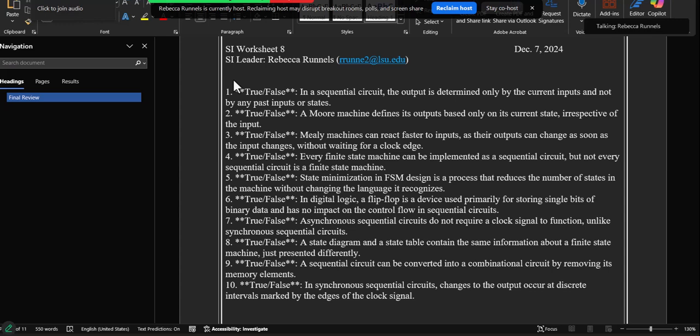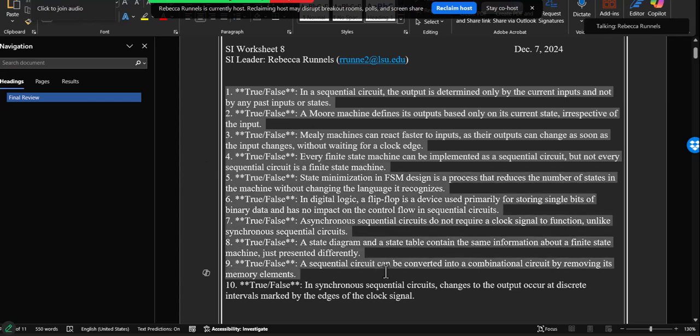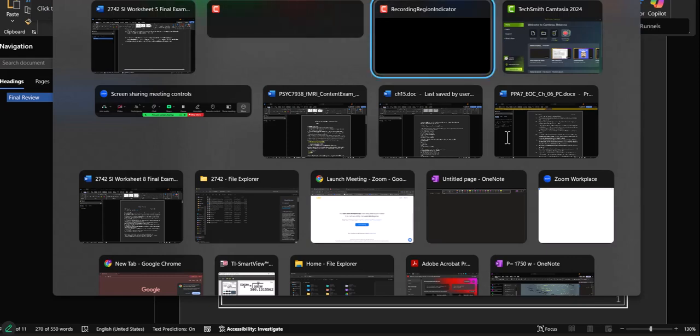A circuit where when it's on, it keeps producing different outputs based on the inputs. Well, all circuits produce outputs based on inputs. I mean, that's what circuits do.